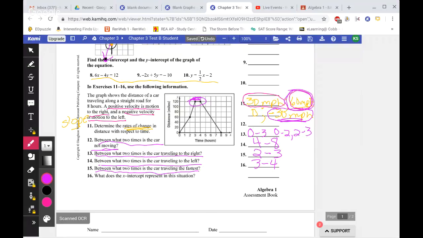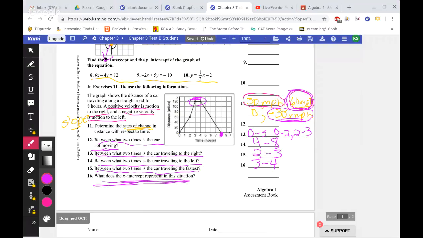All right. There won't be one like this on the test, but what does the x-intercept represent in this situation? So it's hitting the x-axis right here at 8. And so basically it's just determining, yes. Sorry, I interrupted you.